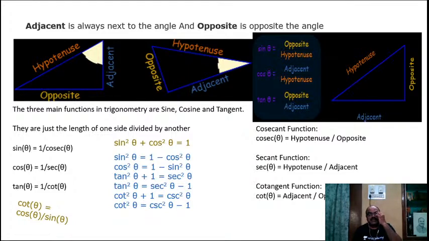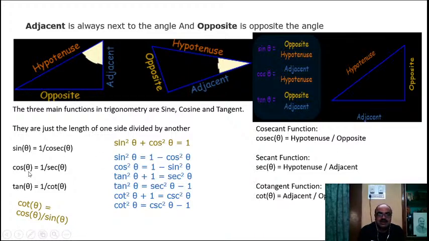Friends, based on this, there are a few more relations that were derived. You can see on the left corner of my screen, sin theta is 1 by cosec theta. 1 by cosec will always give us sine, because you can see the relationship there. Sine is opposite by hypotenuse, and cosec is hypotenuse by opposite.